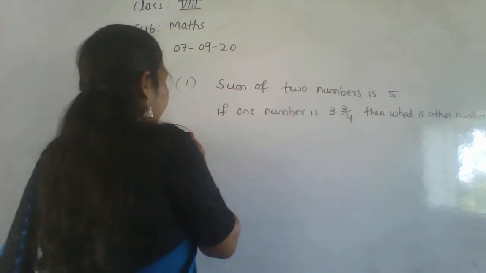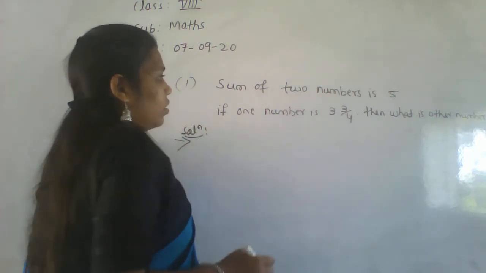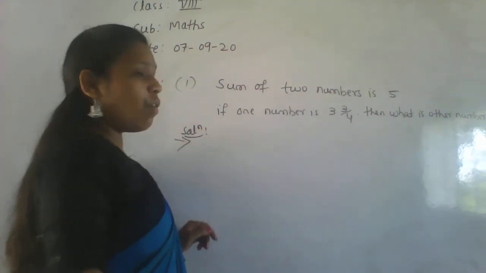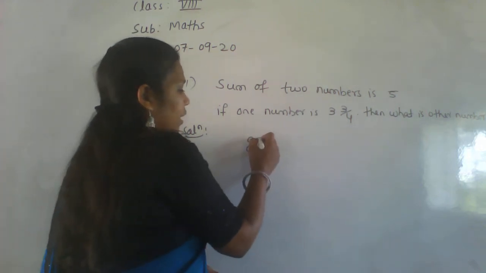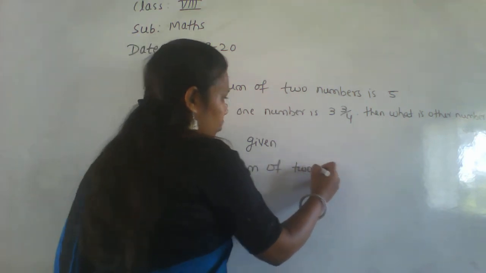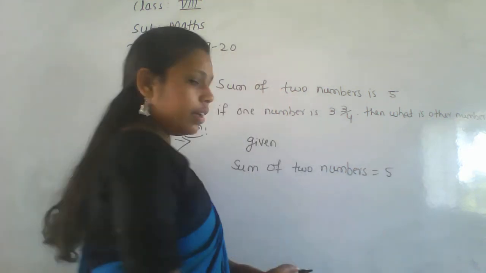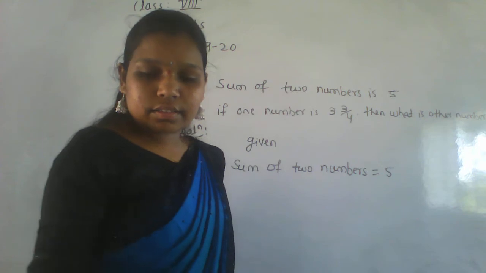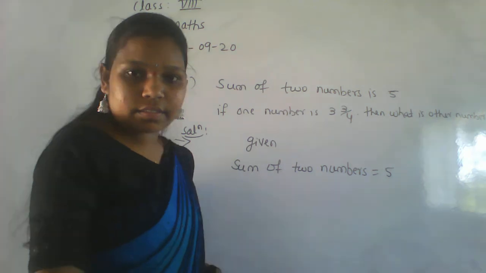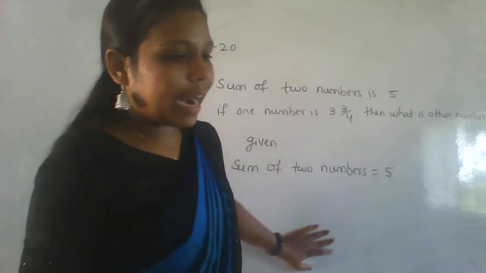Okay, so we already studied these types of problems, I think in 7th standard only. So see here, sum of two numbers. What is given here? The given things: sum of two numbers is equal to 5, and one number they gave here.